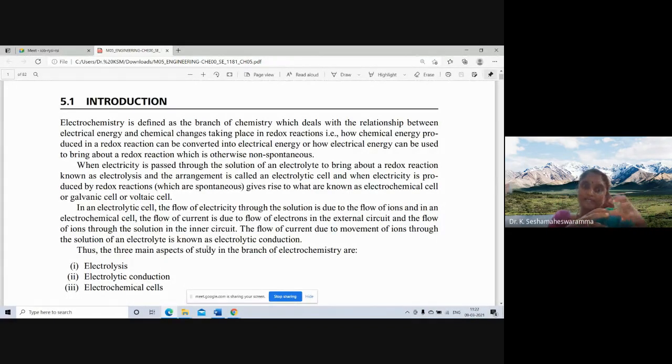In an electrolytic cell, the flow of electricity through the solution is due to the mobility of ions. And in an electrochemical cell, the flow of current is due to the flow of electrons.